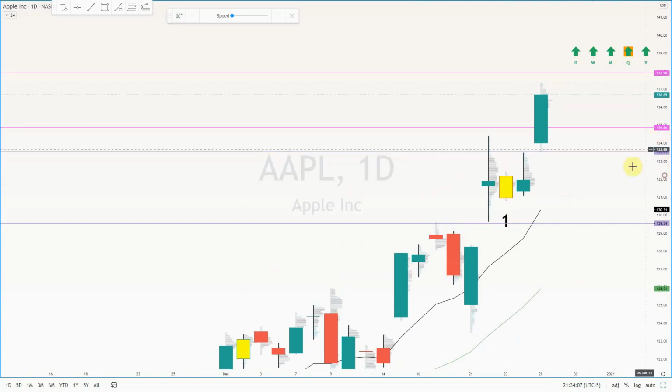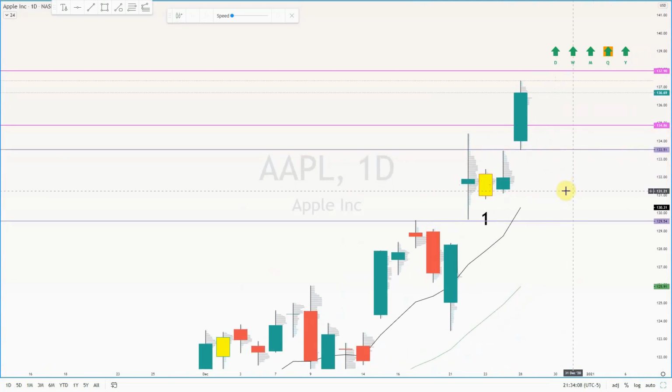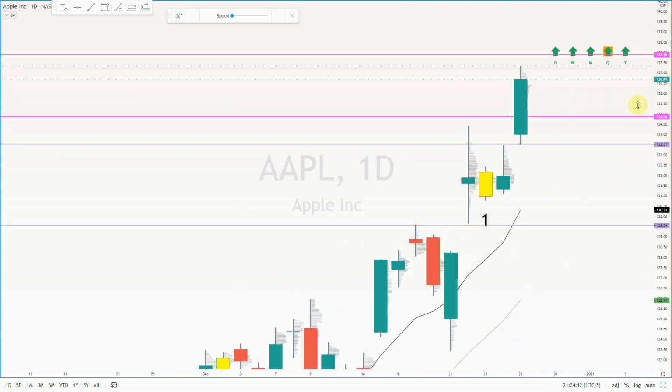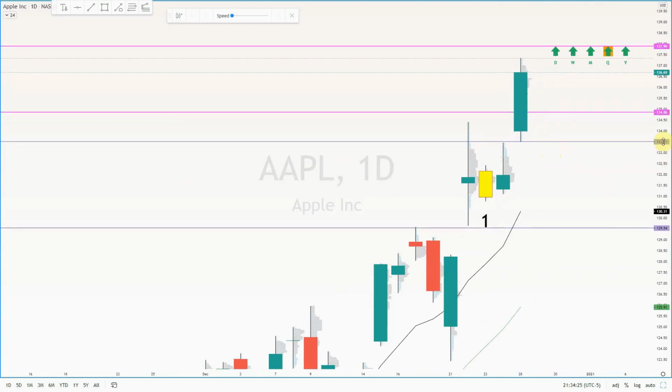With Apple, what I would have been looking at, I didn't trade Apple today, is that pre-market it was up in this 134-ish range. And so for me, gaps don't really scare me in terms of thinking that negates a strat setup.